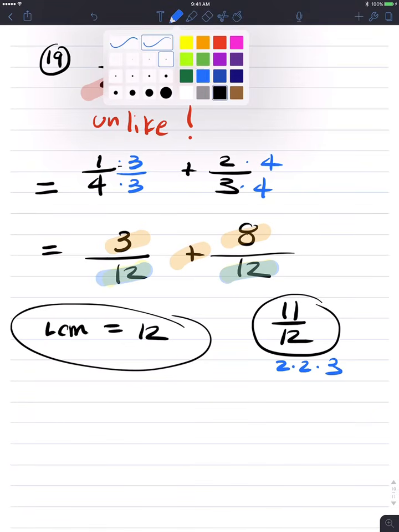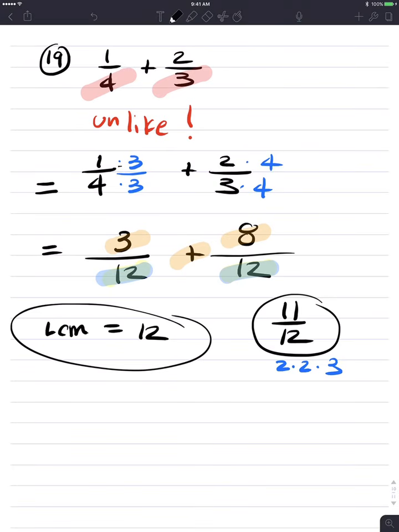I want to remark though, there is a way for us to determine the LCM of 4 and 3. There's a technique. We need a prime that divides both 4 and 3 with a 0 remainder, a prime number. 2 is prime, it divides the 4 with a 0 remainder. 2 divides 3, but the remainder is 1.